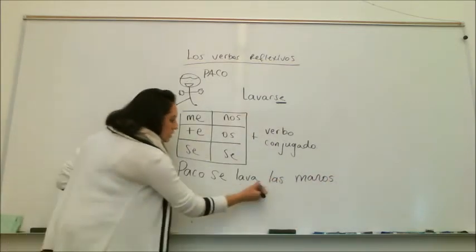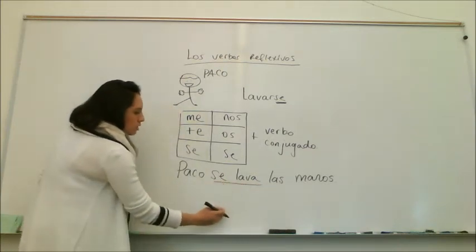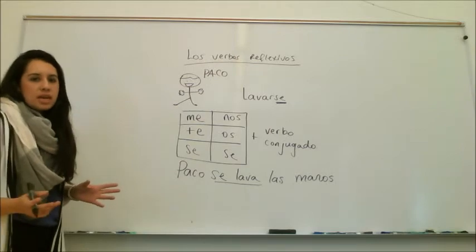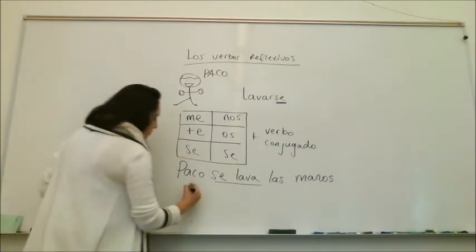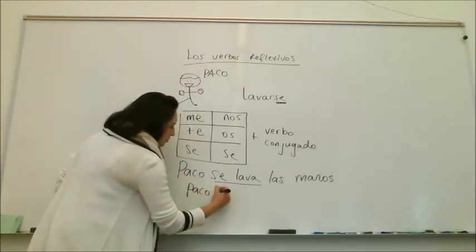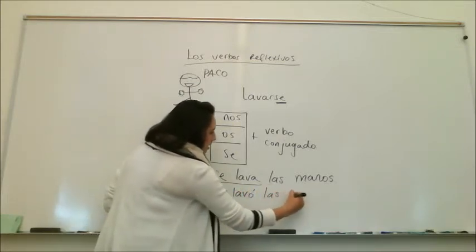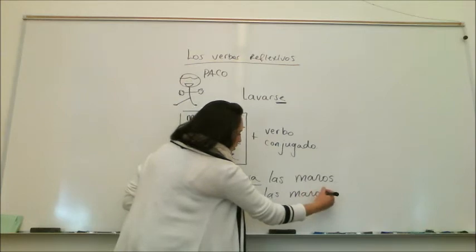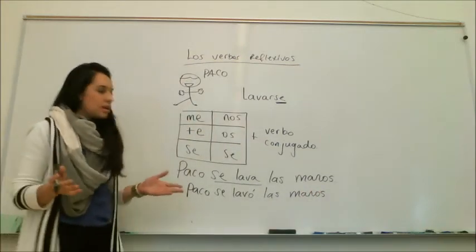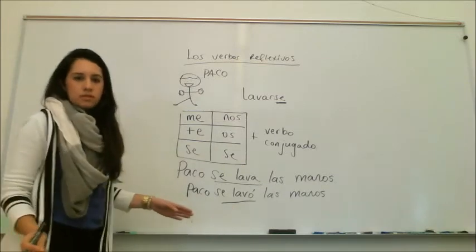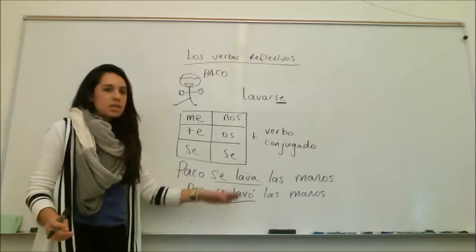We use se lava because it's Paco and he's washing in the present tense. And you can do that in any tense you want. Por ejemplo, Paco se lavó las manos. All right? Paco se lavó las manos. You're using here the past tense, el pretérito. All right? So you can do it in any tense.